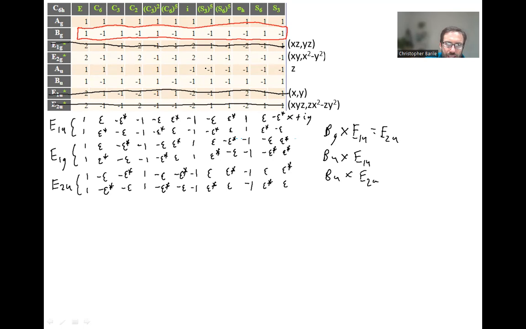So to get from E2G, we can multiply by z to get E2U. So we want to go the other way. That's actually how we derived this in the first place when we were aggregating these earlier in the video with these real functions. If we want to go the other way, we just need to divide, right?